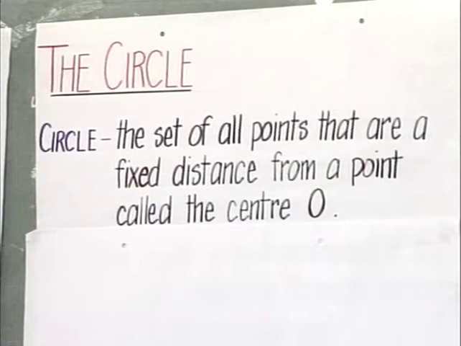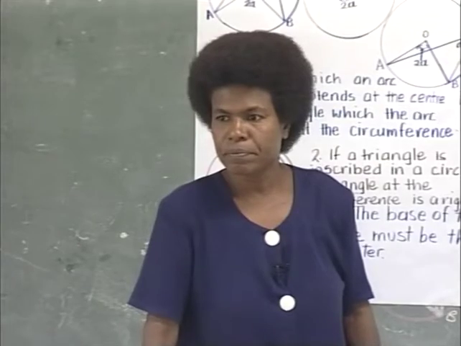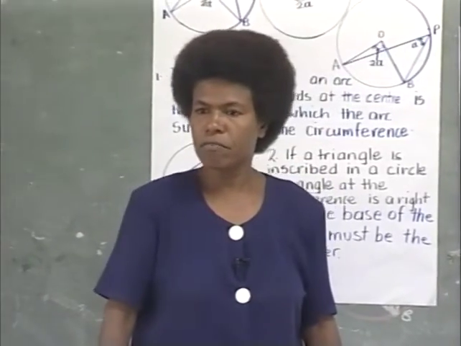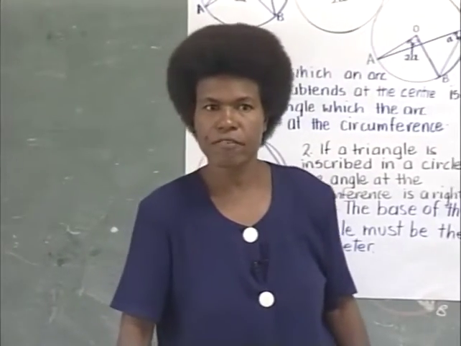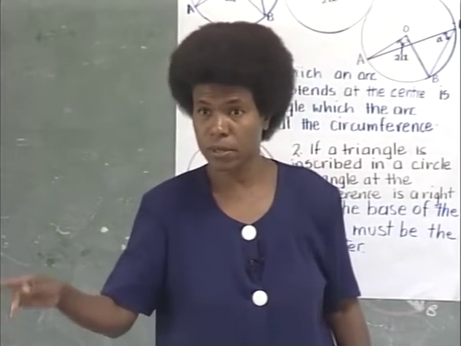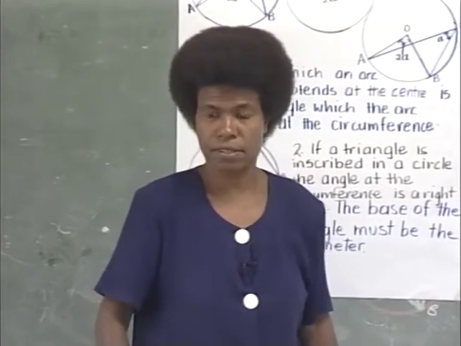Next one, diameter. Tell me what the diameter is. A chord of a circle that passes through the center of the circle. The length of the diameter of a circle is twice the length of the radius of the circle. Okay, the diameter is simply a line drawn from one end of the circumference passing through the center to the opposite end of the circumference.